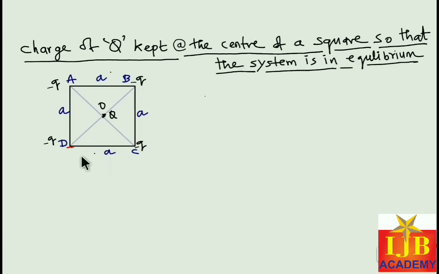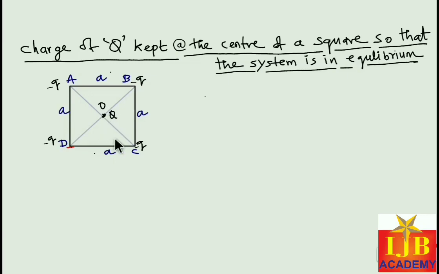This video is related to the previous video which I released. There we found the net electric field at one corner of a square. The same strategy we have to apply here. We have to find the net force at any one corner, then only can we proceed to find the value of this capital Q.